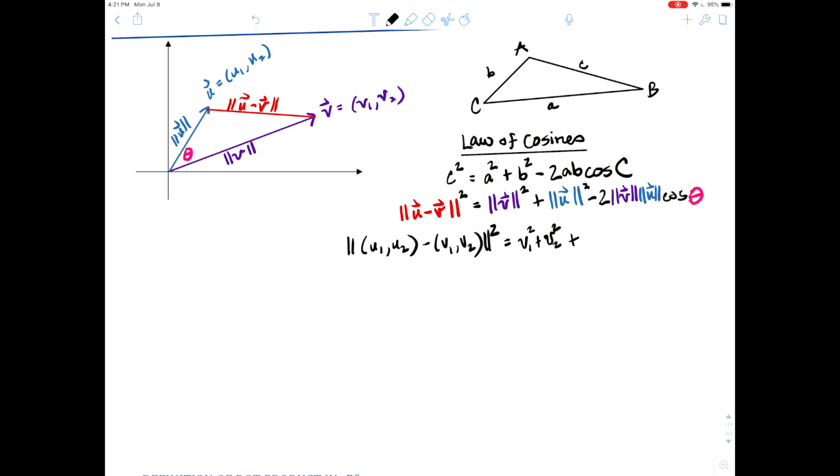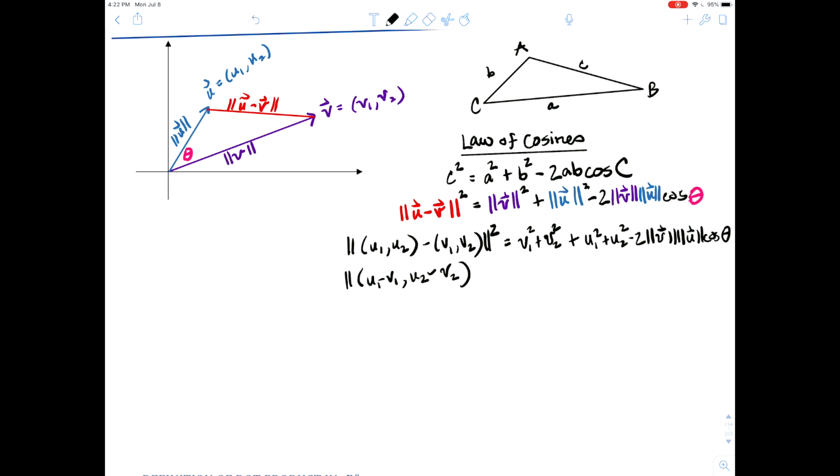And what about the magnitude of U squared? Awesome. U1 squared plus U2 squared. And then the other magnitudes I'm going to keep the same. So minus 2 magnitude of V, magnitude of U, cosine theta. Okay? Okay, so over here, I'm going to have this vector here, U1 minus V1, comma, U2 minus V2.